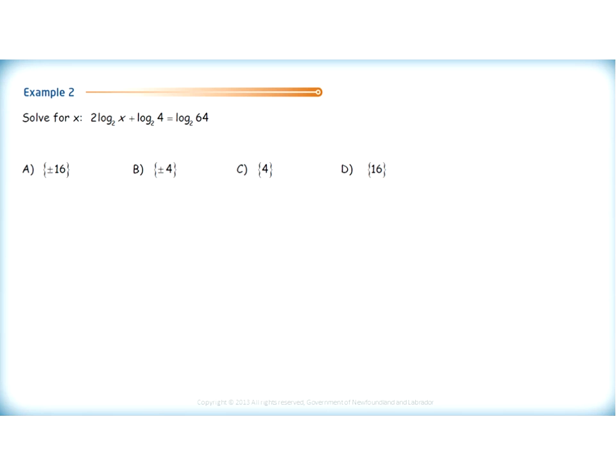So we can say the log of x squared to base 2 using the power law of logarithms. But we can rewrite the number 4 as 2 squared to base 2. And we can rewrite 64 as 2 to the power of 6 to base 2.